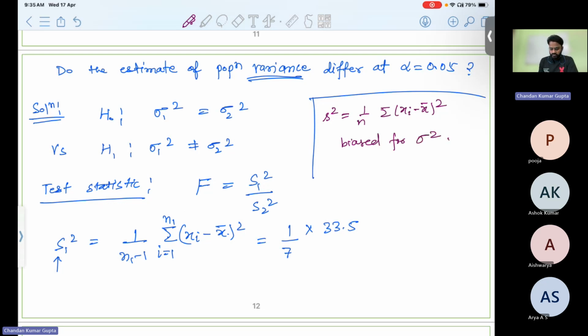So we use this. This is actually an unbiased estimate of sigma square, and when we do not know the value of sigma square, we use that statistic which is a good statistic for the particular population parameter. Okay, sir. Thank you.